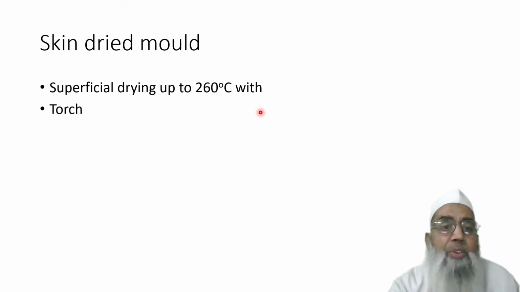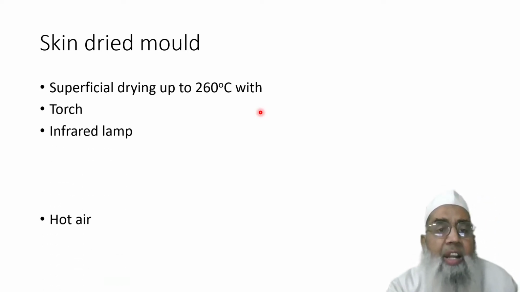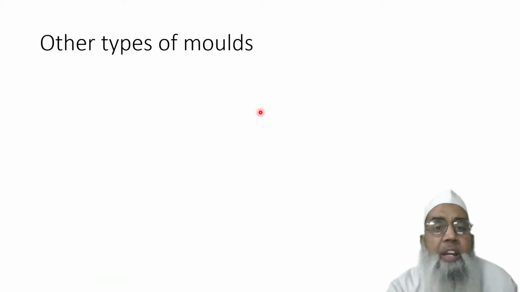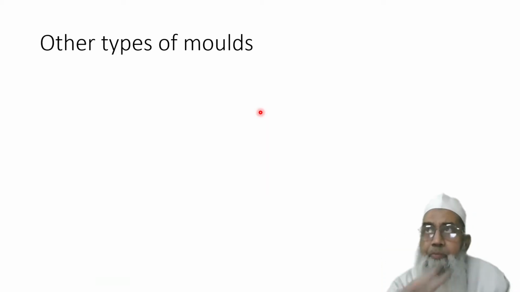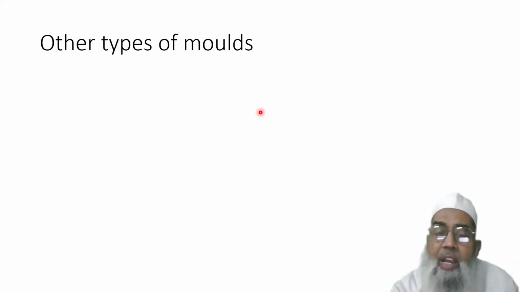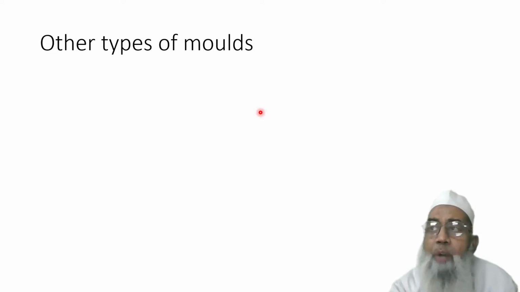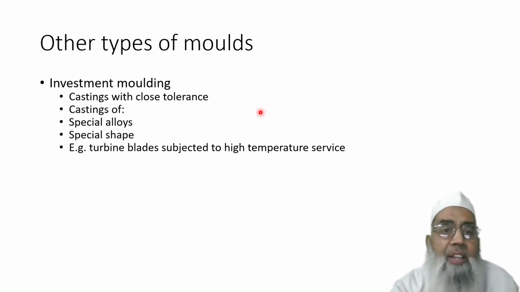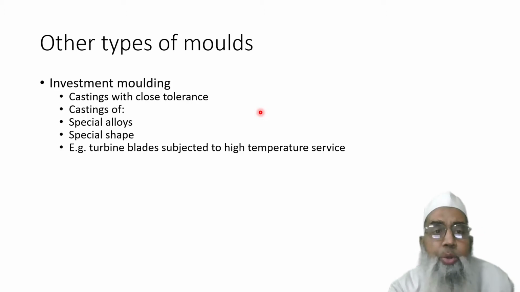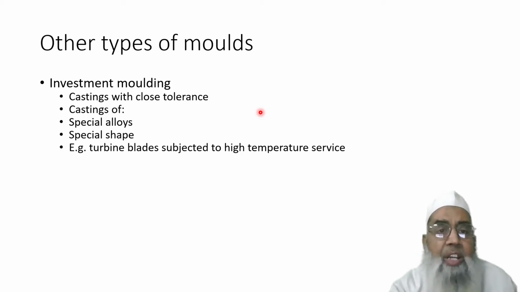Now, by using a torch, infrared lamp, or hot air, we can dry the surface of the cavity, and we can have a fine surface which will come in contact with the molten metal. Now, another type of mold that can be used is investment casting.